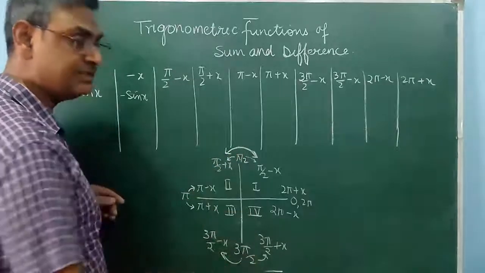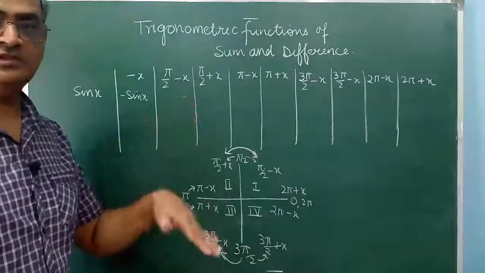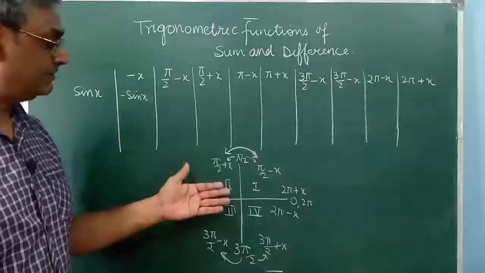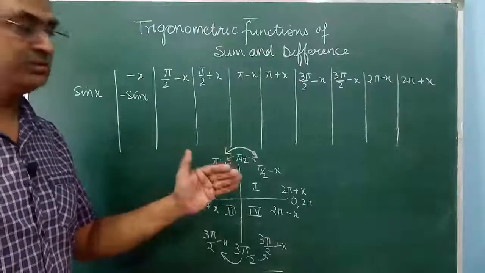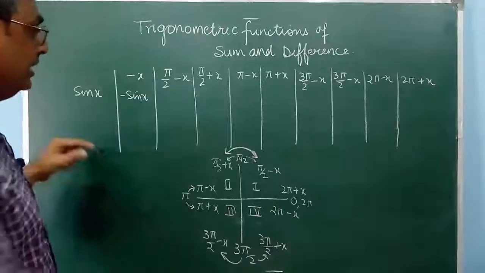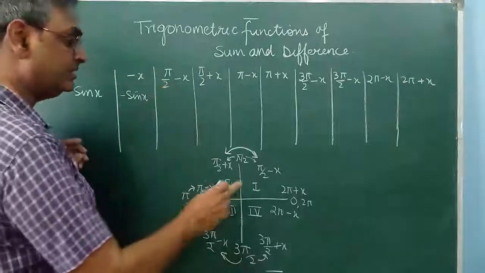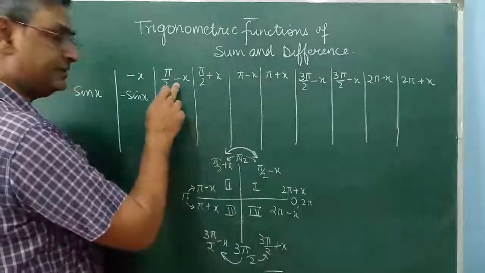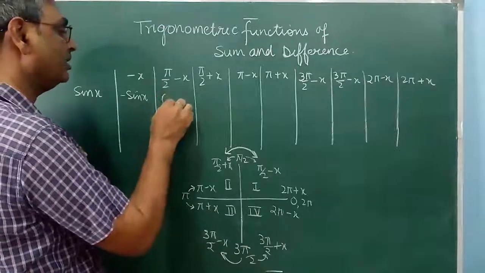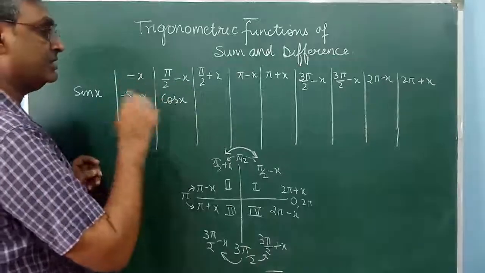In these two places the function will be changing: sine will change to cos, cos will change to sine, tan will change to cot, and cot will change to tan. Likewise, sec will change to cosec and cosec will change to sec. So here, because it is pi by 2 minus x, function will be getting changed. This is first quadrant, so here it will be positive and it will be cos x. sin(pi by 2 minus x) is cos x.